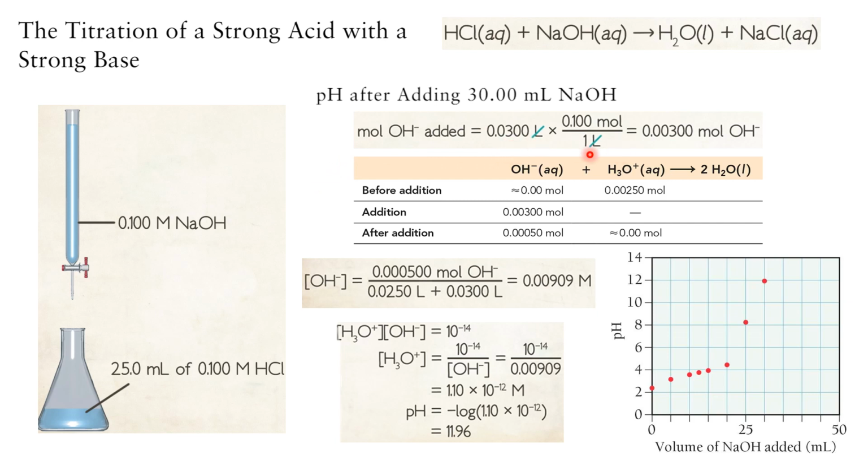Well, we can calculate that, and we got 0.00300 moles of hydroxide in 30 milliliters. That's how much we're adding to this. And what's the effect? Well, I know that I started with 0.00250 moles of the H3O, right, in this flask. And I have 0.00300 moles of my base.